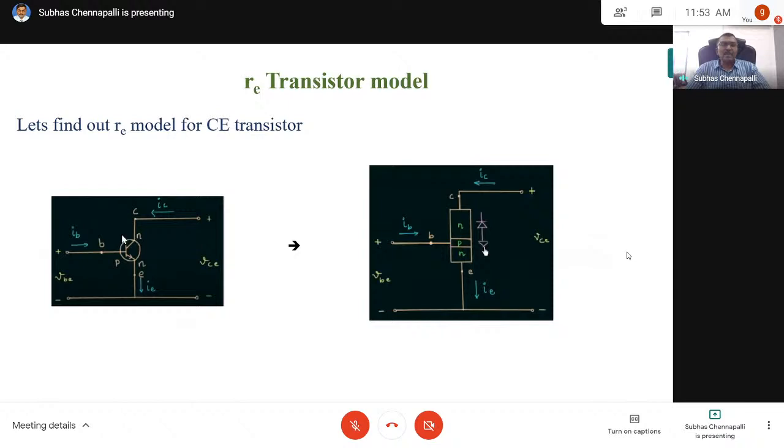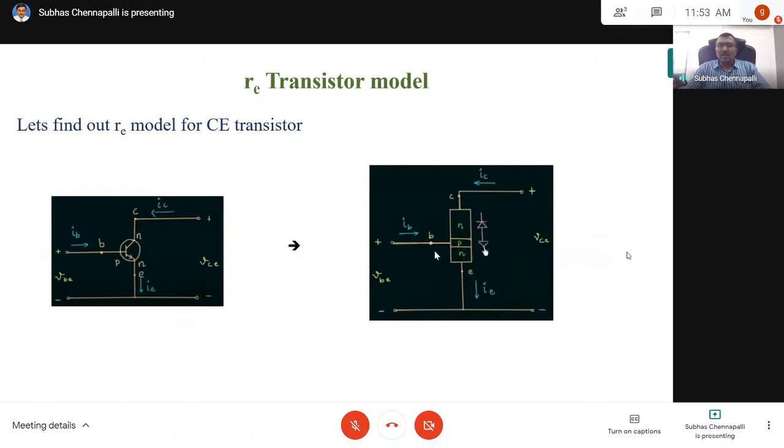This is the symbol. If I replace the symbol with the semiconductor bar, NPN, this is IB, IE, IC, and basically I'm splitting this transistor into two diodes connected back to back. This is base, emitter, collector, base, emitter.